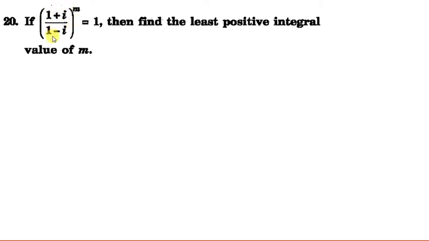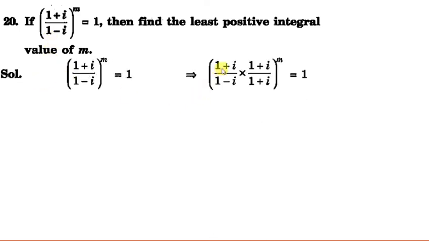Here we have a complex number in the denominator, so by multiplying with its conjugate we can rationalize it. So we can write it as multiplied by 1 plus i upon 1 plus i, which is the conjugate of 1 minus i. Now multiply the numerator, we get 1 plus i square plus i and plus i, 2i, upon 1 minus i square.